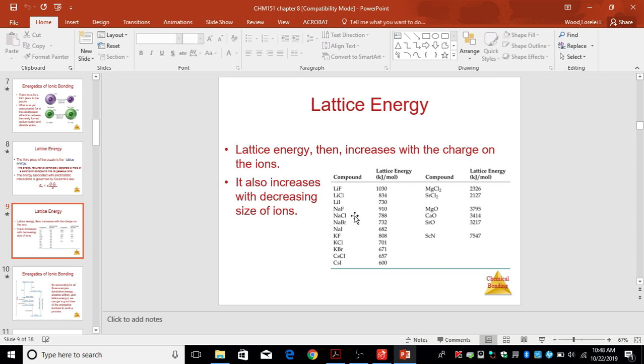So they're in the same row, but NaCl only costs you 788 kilojoules per mole to break it up. MgCl2 costs you, holy crud, 4 times as much almost. So what's different about MgCl2 versus NaCl? Mg has a 2 plus charge, so you can see that the numerator is going to make the lattice energy larger.